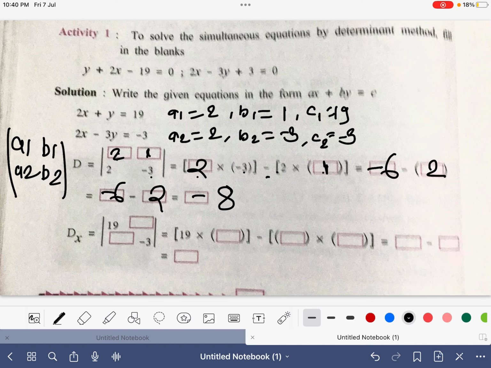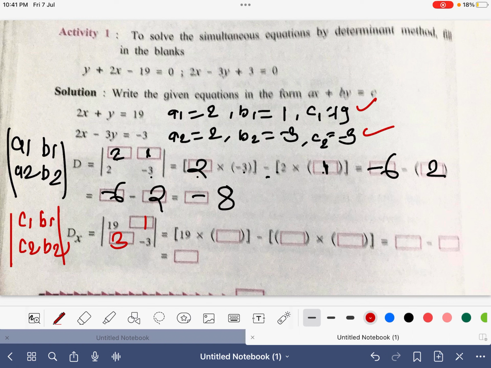Chalo. Next, let's solve dx. So dx is nothing but c1 c2 b1 b2. So the values are c1 c2, 19 and minus 3, and b1 b2, 1 and minus 3.